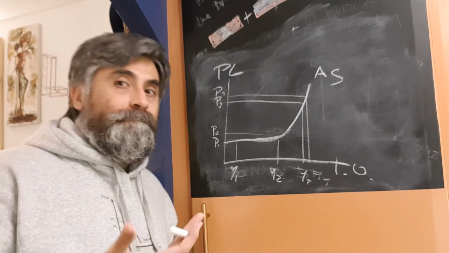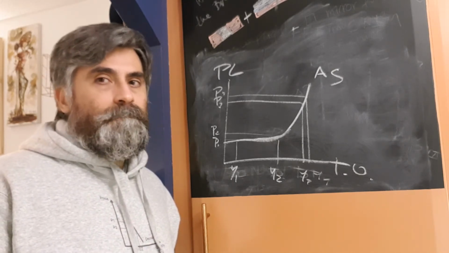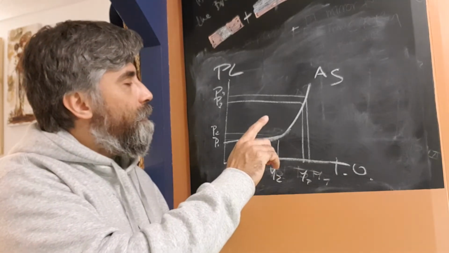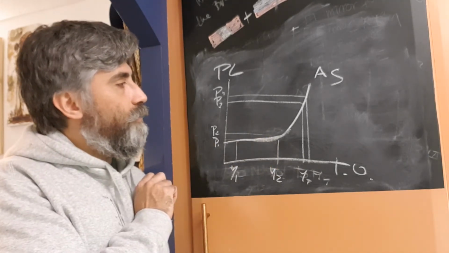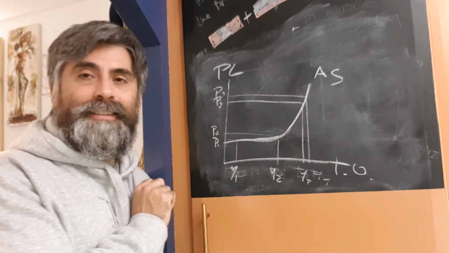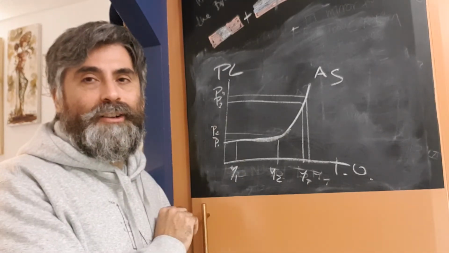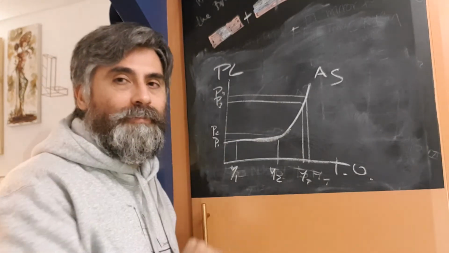Love it or hate it, in some circumstances it works. That's the Keynesian aggregate supply curve from short to long run.